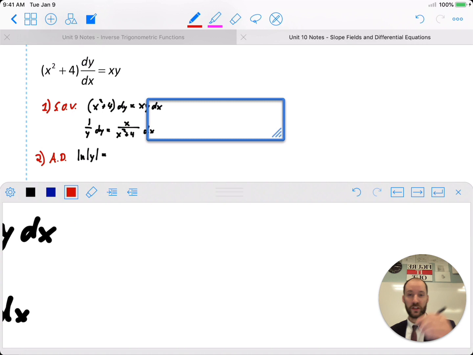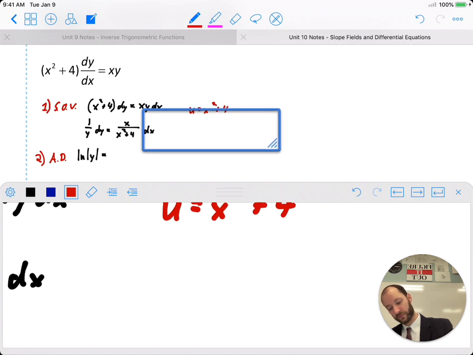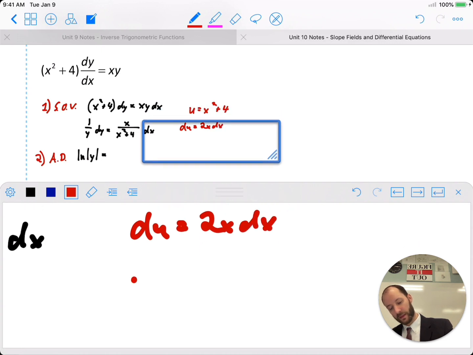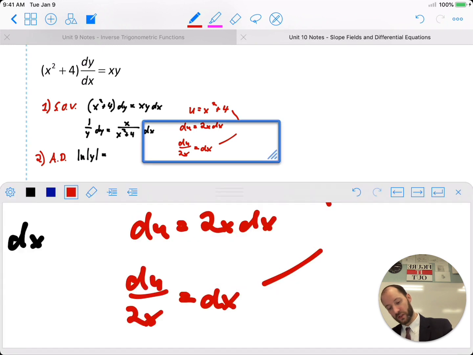So because x is some form of the derivative of x squared plus 4, let's say u equals x squared plus 4. du equals 2x dx. And du over 2x equals dx. So let's put those together.